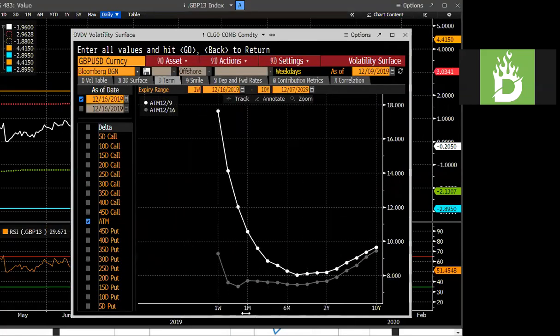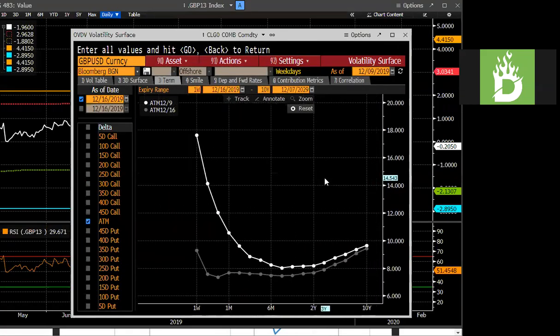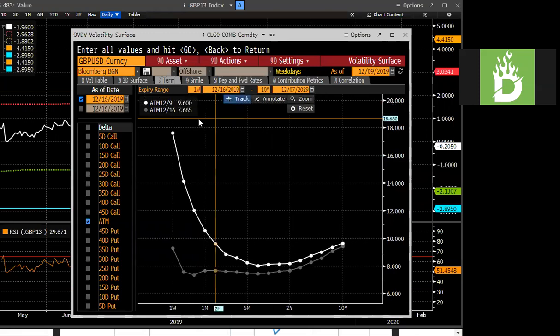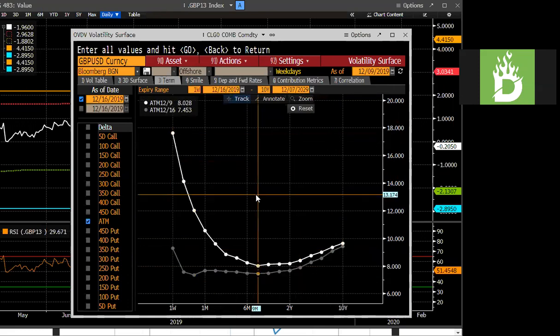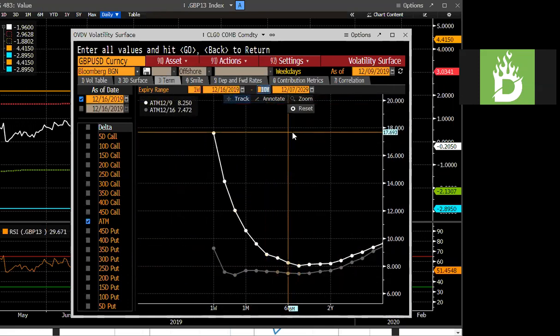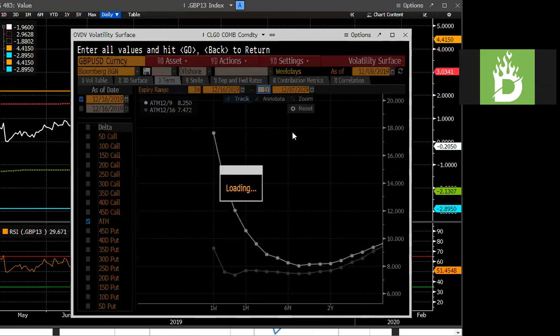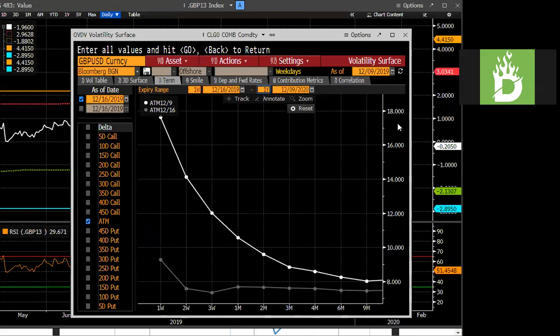Okay, so this is showing you the at-the-money implied volatilities for 1 week to 10 years. This is 1 week here, and this is 10 years here. We're not really interested in 10 years, so we can probably trim this to 1 year. But what I'm showing you here is how we play this.